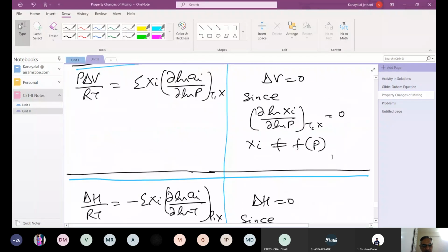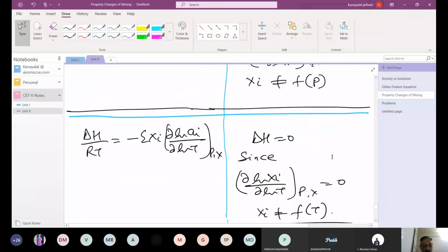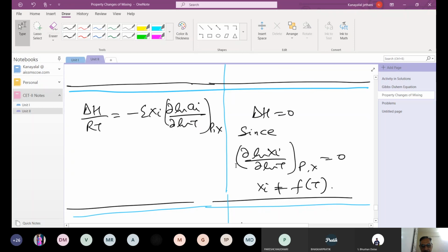If there are no questions, we'll proceed further. We have the equation for enthalpy change: delta H by RT equal to minus summation xi ∂ln ai by ∂T at constant pressure and x. And if we substitute ai equal to xi, ∂ln xi by ∂T at constant pressure is equal to 0, because again composition is not a function of temperature.